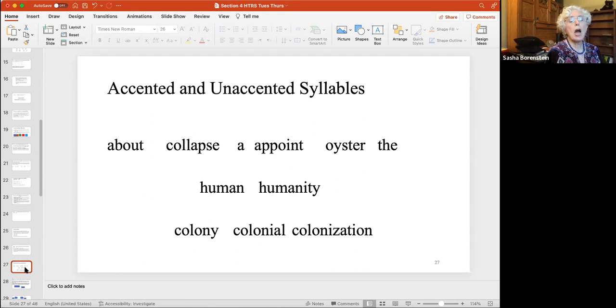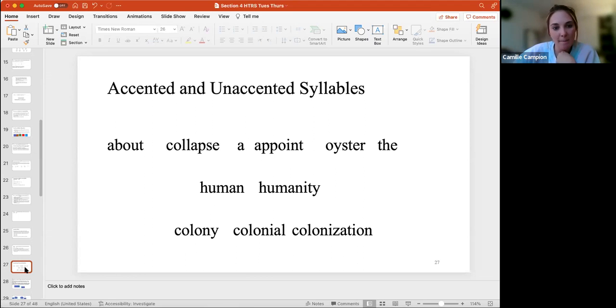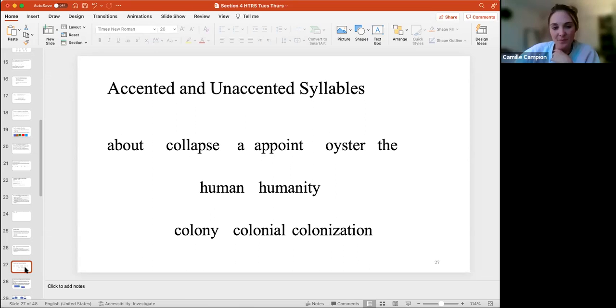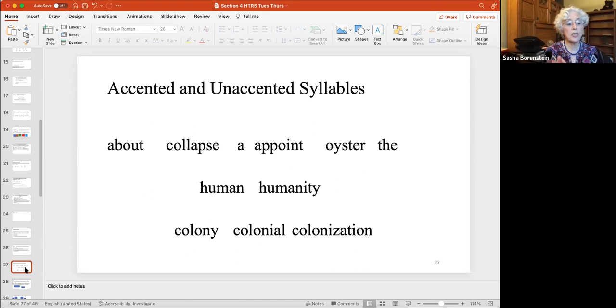humanity. Human and humanity share some morphemes, don't they? Yes. But there's more syllables in the word humanity, right? And when there's more syllables in the word, the accent moves around. So in the word human, the second syllable was unaccented.